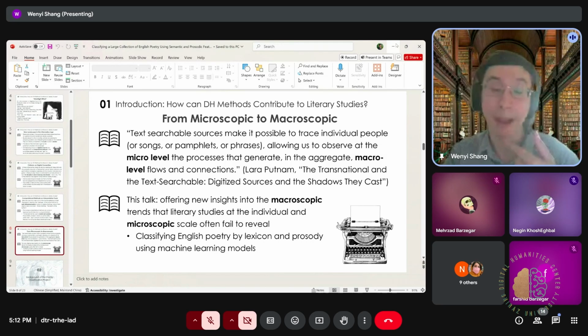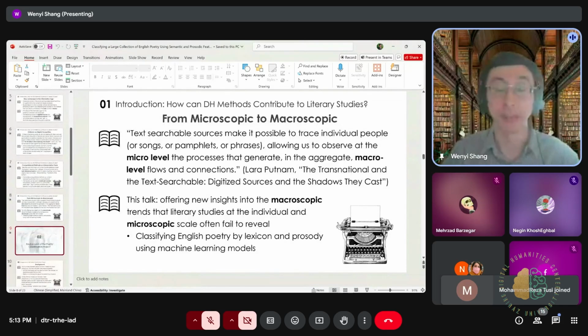Rather than the traditional method that may approach this problem by analyzing five or ten individual poems, we try to analyze a large number of poems together. But rather than reach an objective conclusion like the sciences, we are going to analyze something interpretive, to ask how this could contribute to literary scholarly discourse.